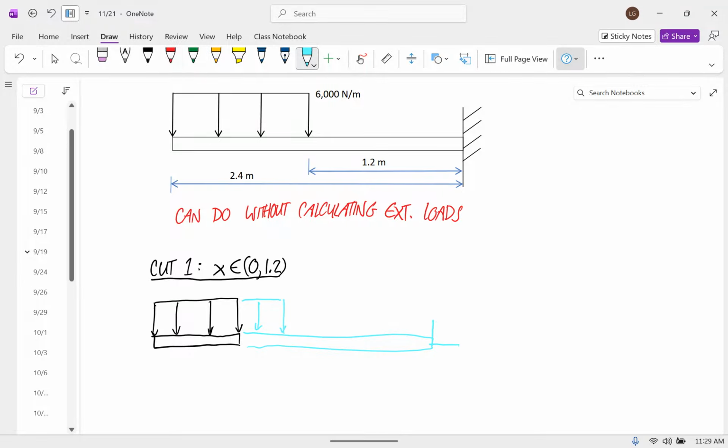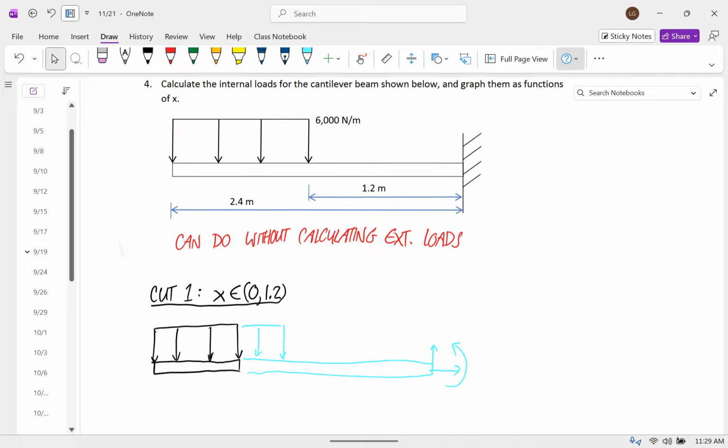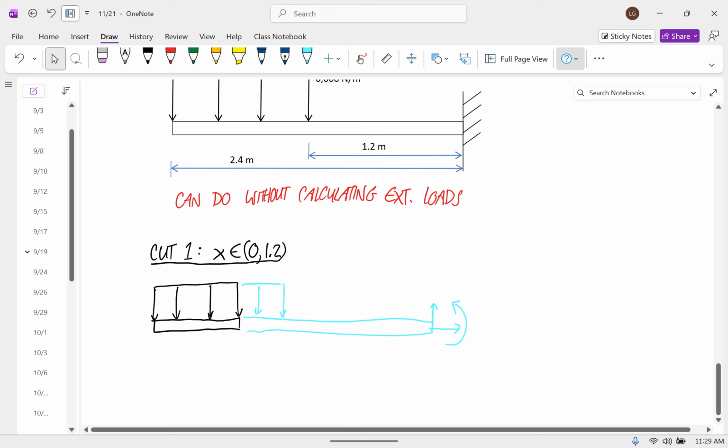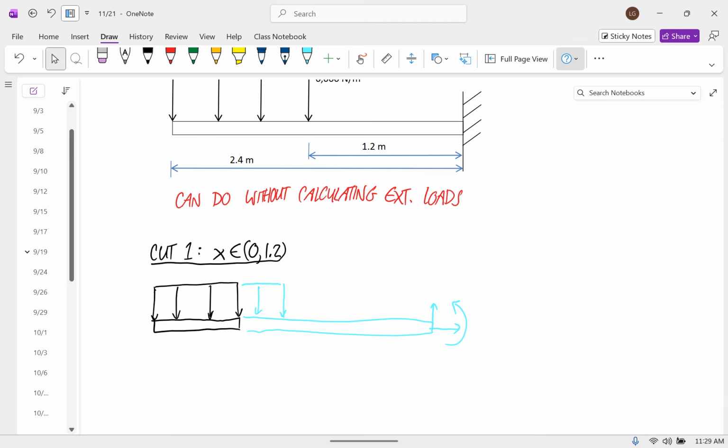We're not including the stuff over here at the wall. Why is some of it not included when you're going over 1.2 and it ends at 1.2? Because it doesn't end at 1.2. It ends at x, and x can take any value between 0 and 1.2. So this distance is x.